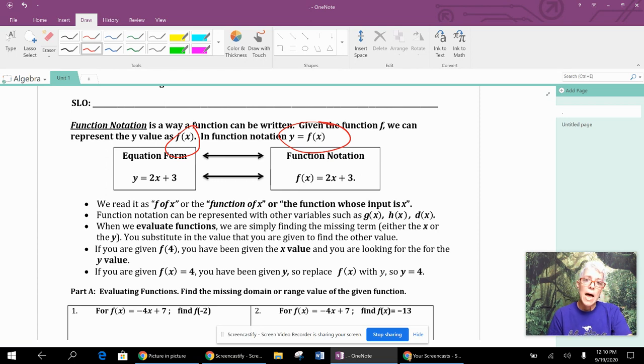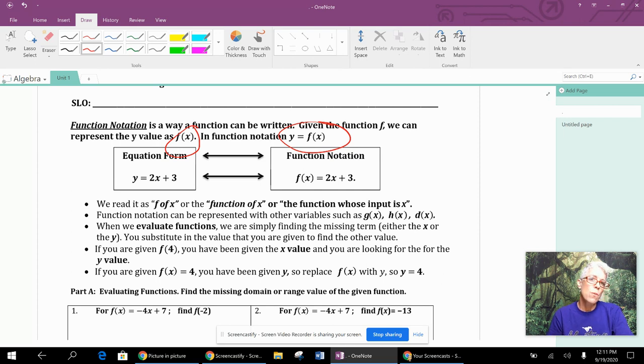We read it as f of x, or you could say the function of x, or the function whose input is x. So as we input x, it's the function of that, what happens to the y. You don't always have to say f of x. You could say g of x or h of x or d of x.